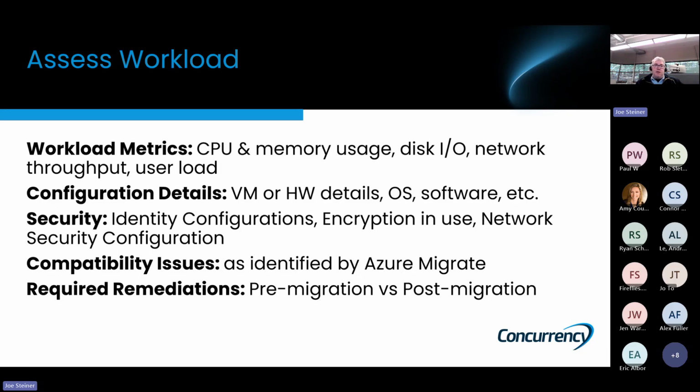From security, identity configurations, encryption, very important, and then the broader network and security configuration of the application. These may be things that are one way today and need to be changed or should be changed as you move forward, but it's good to know where you're starting from, because as you translate this and migrate this into the cloud, you need to make sure that you've got a good plan for what those impacts are going to be, so you don't have surprises.